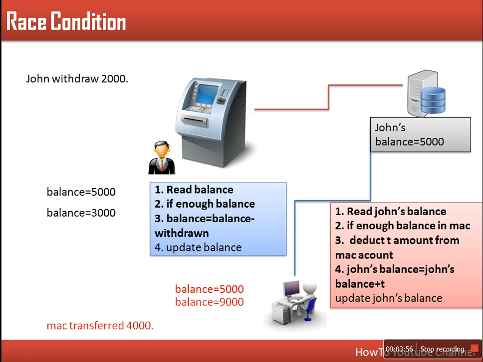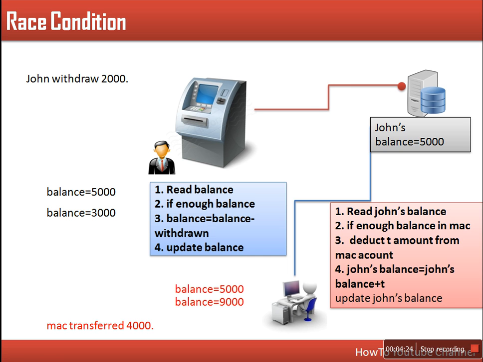Now you have to focus on this one. These values are on the ATM and this value is on the client machine. They are not updated so far, because updating is the last step. Let's say the ATM machine updates first. The ATM machine sends its updated value, and the server updates its amount from 5,000 to 3,000.